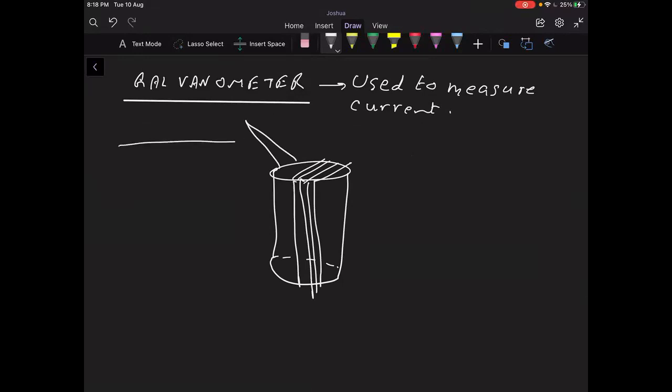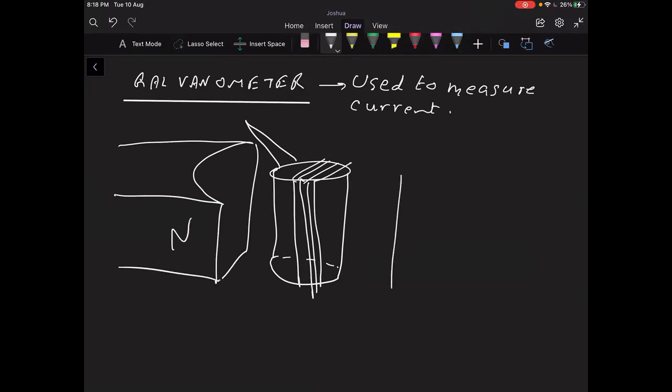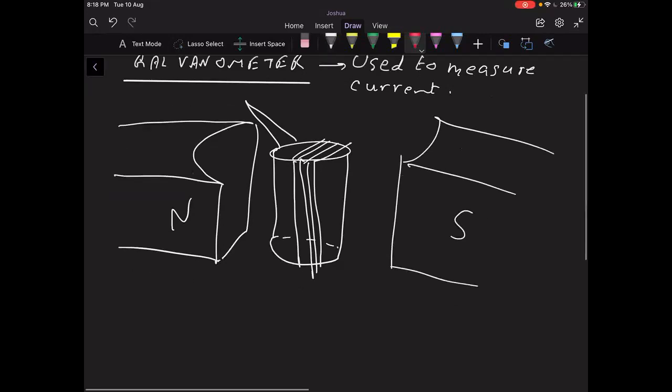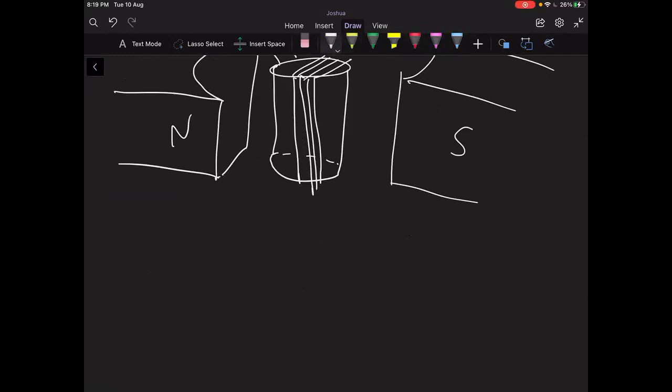There is a magnetic field in this region. We have the North Pole and the South Pole of a bar magnet. So the magnetic field, if I show you, and at the bottom, we have a spring attached. It is a torsional spring.